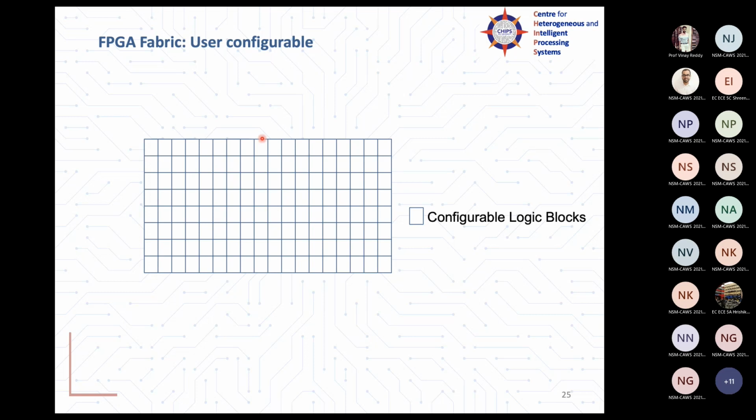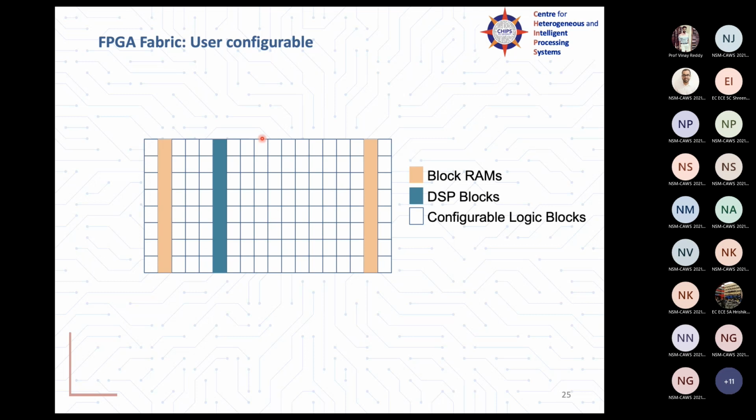It was a homogeneous grid of configurable logic blocks, but today it has high density memories, RAMs, custom ASIC blocks called DSP blocks, and recent advancements have included special ASIC-like operators for machine learning, or for other custom applications.